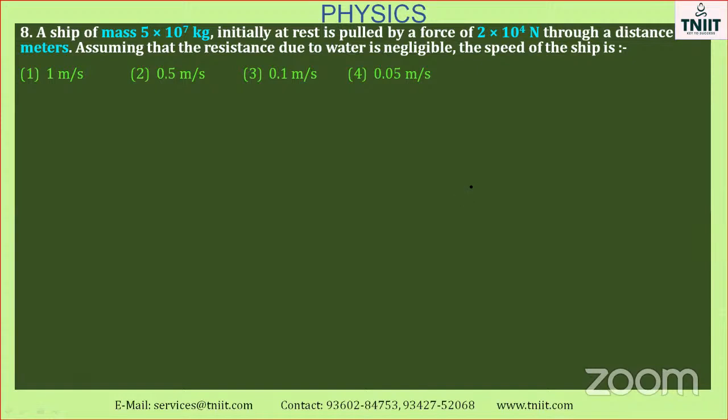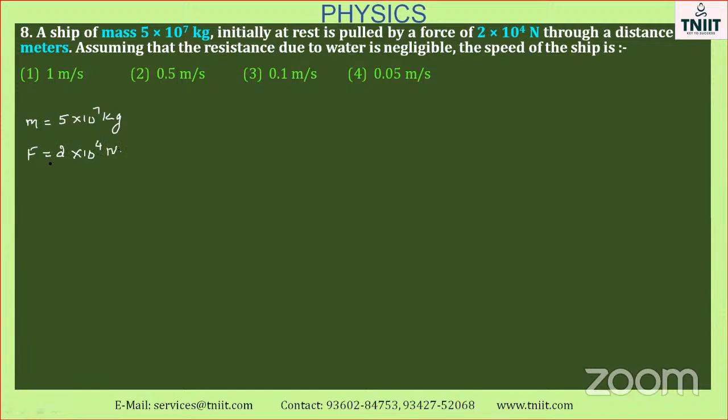What is the mass of the ship? Mass of the ship is 5 into 10 power 7 kg. That is initially a thrust that is pulled by what force? 2 into 10 power 4 Newton.